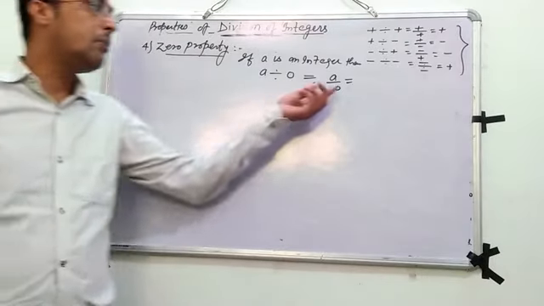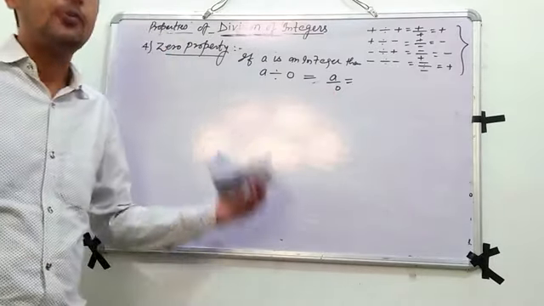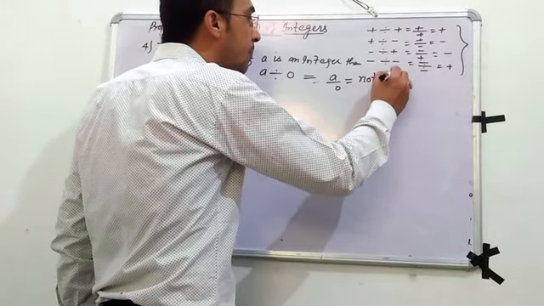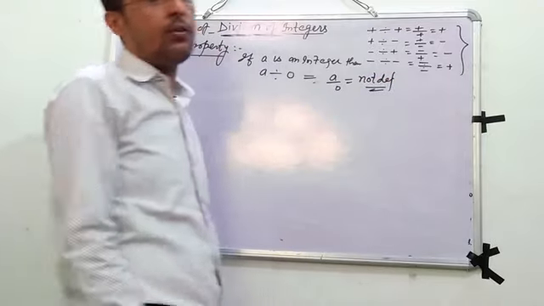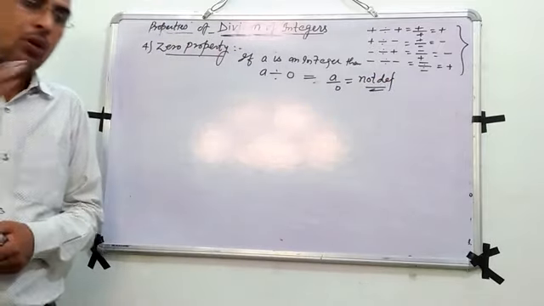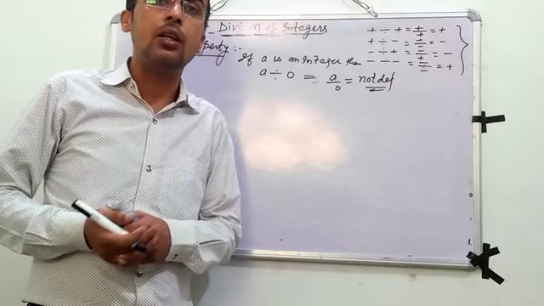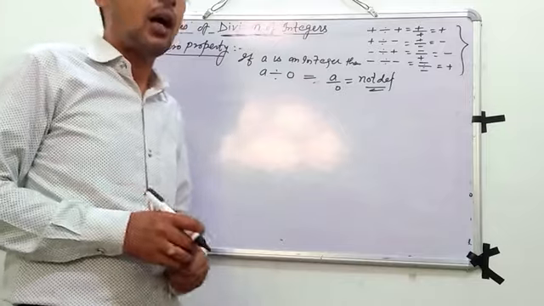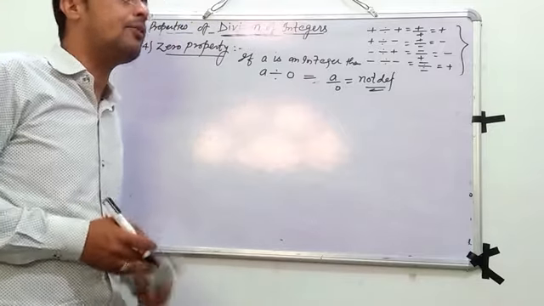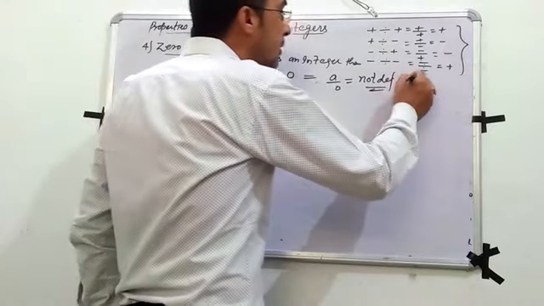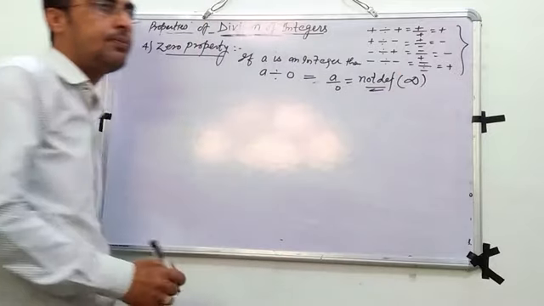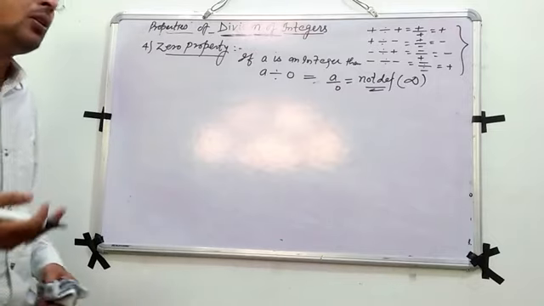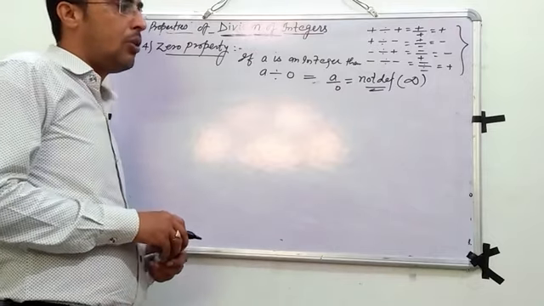Any number which is divided by 0 is not defined. This term will not be defined, whether the integer is positive or negative. And in mathematics, if a term is not defined, we say that it will be infinite. Is it clear?